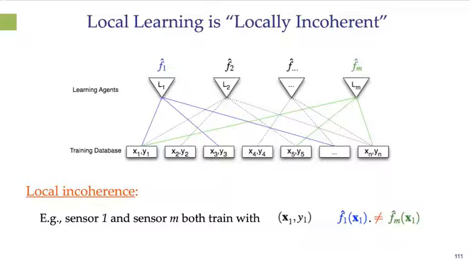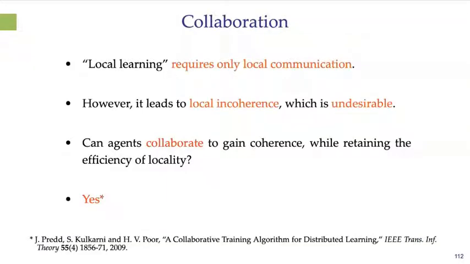That's called local incoherence. Even though they're training with the same single data point, their other data points are different, and they're going to get different values for the target on that shared data point. So this is local incoherence, and it can be shown that local incoherence is not optimal. That is, you don't get the overall best fit of learning when you do that.